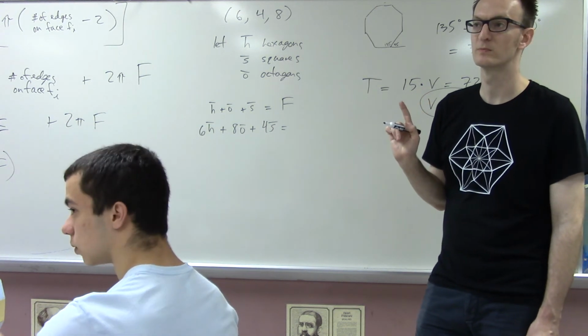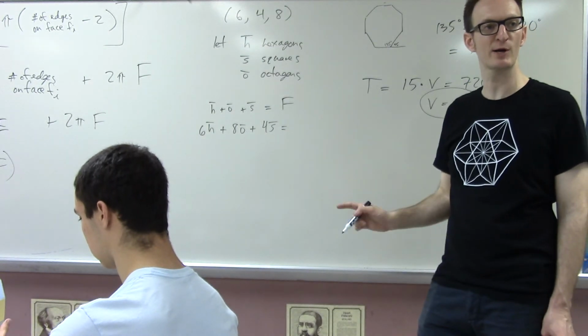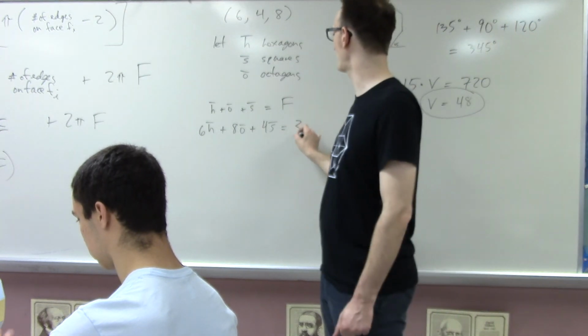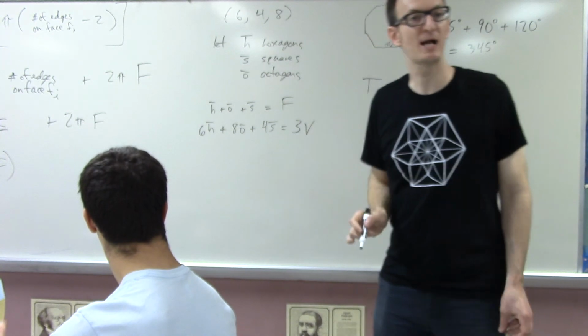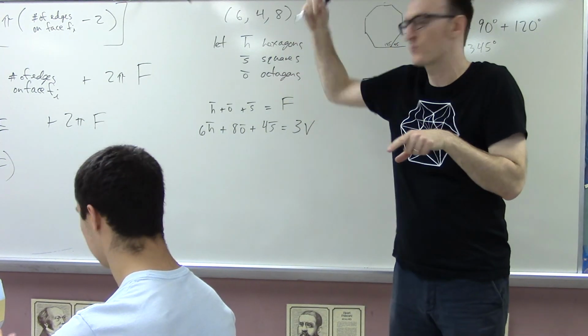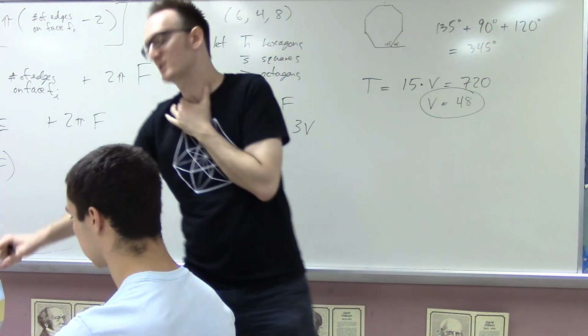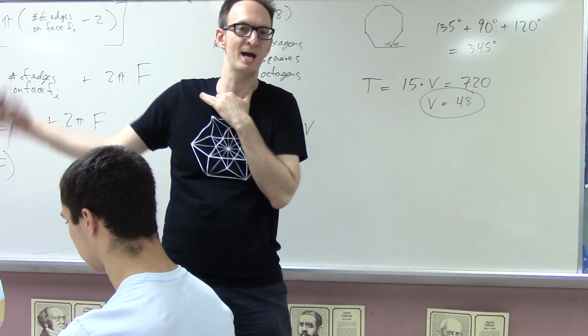Prem says I have triple counted every vertex. Does everyone agree? I have triple counted every vertex because by counting the vertex once for each square, once for each octagon, and once for each hexagon, every vertex is on an octagon, a hexagon, and a square.